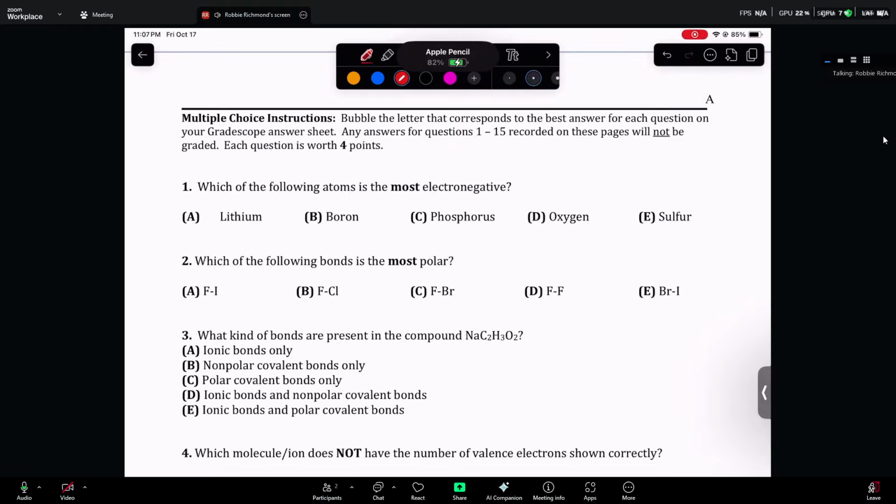I also did want to mention, I've had some conversations with some people in my office hours about better test strategies outside of doing the free response questions first and then going on to the multiple choice, because they have found out that free response questions take a bit longer and sometimes they don't really know how to pace themselves.